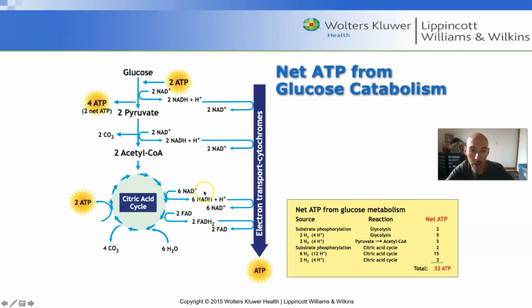And from all of these NADH and FADH that we harvest, once those go to the electron transport chain, we get 15 from the NADH, 3 from the FADH. This total gives us 32, okay? So from one molecule of glucose, if that molecule goes through glycolysis and oxidative phosphorylation, we get 32 ATP.